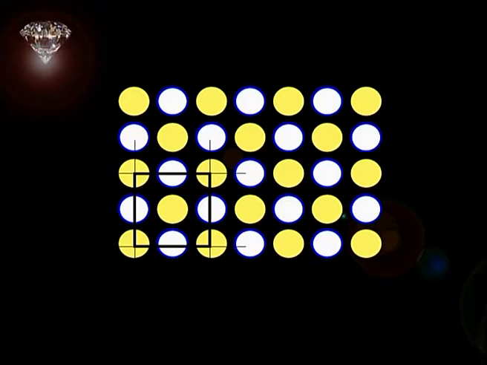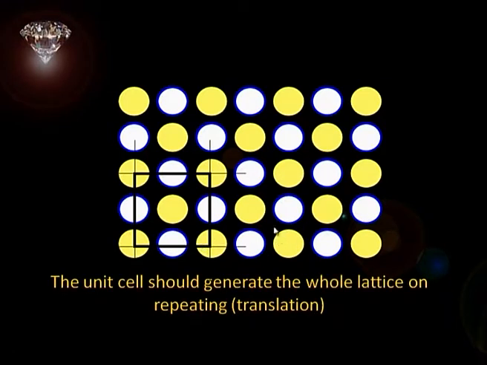Let us have a look at the next slide. What you see is that for the lattice I showed you, the square drawn here is my unit cell. Why is it a unit cell? Because if I take this and translate it further, if I move from here, I come to this one, and then if I move from here, I generate this one.